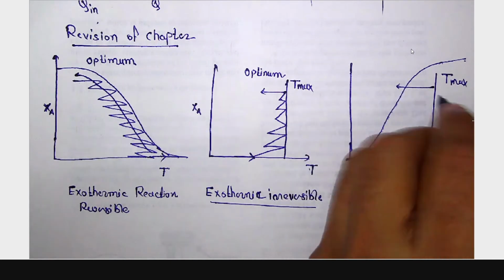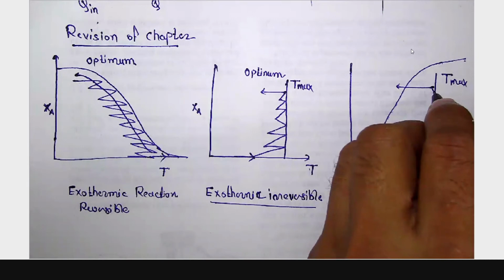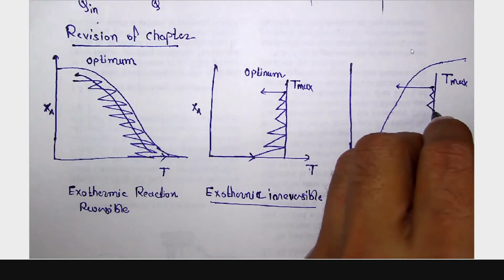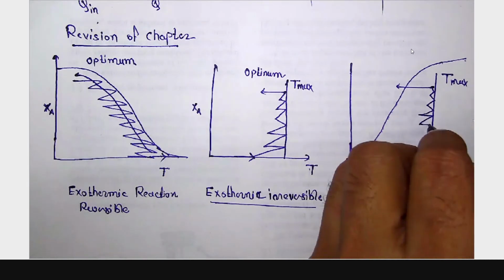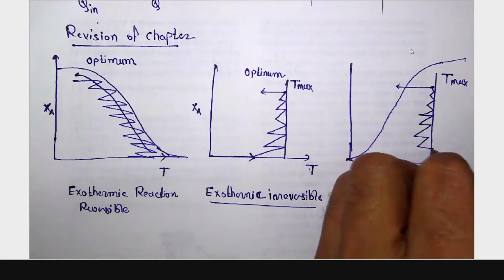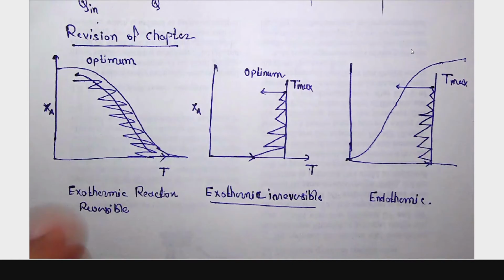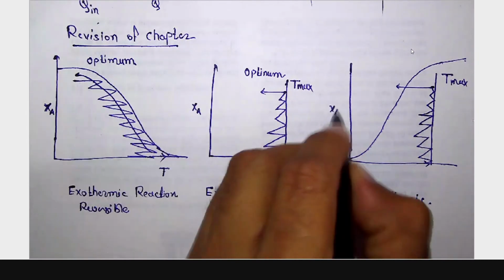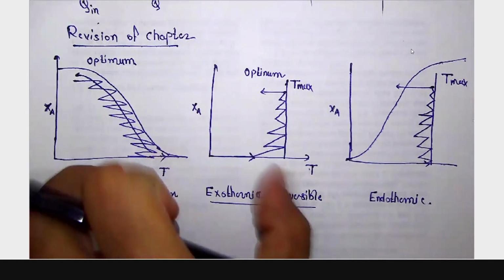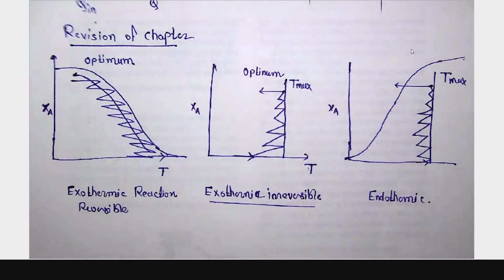Is it? You can maintain constant temperature. So these are the three kinds of nature that you can get for the various kinds of reactions, say exothermic reaction, and this is endothermic reaction.